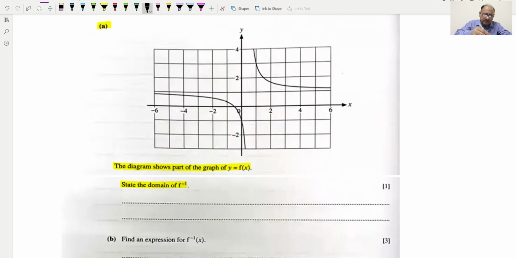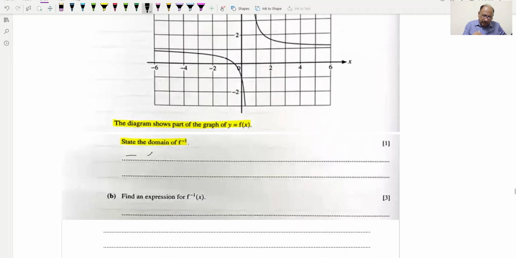If we check the asymptote, this is x is equal to 1. The line x is equal to 1 is like this one. So it is from minus infinity up to the line 1.